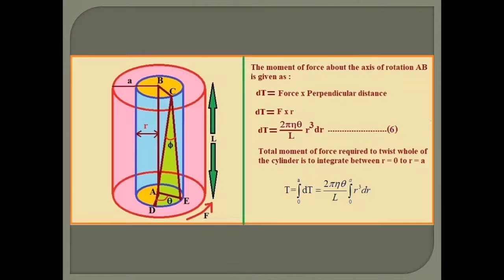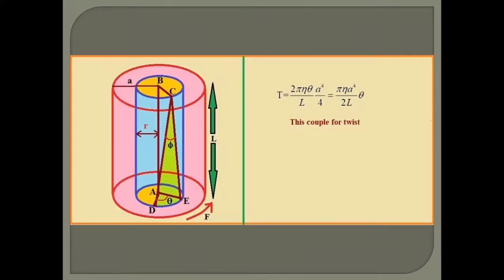Therefore, T is equal to the integration from 0 to a of dt, which is equal to twice pi eta theta divided by L into the integration from 0 to a of r cube into dr. After solving this integration, we will get T is equal to 2 pi eta theta divided by capital L into a raised to 4 divided by 4, which is equal to pi eta a raised to 4 divided by twice L into theta.